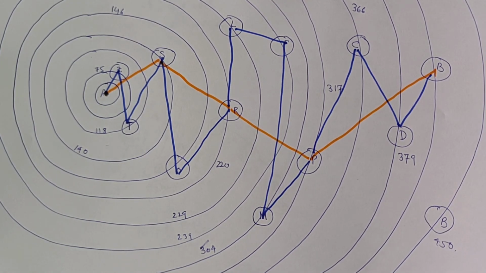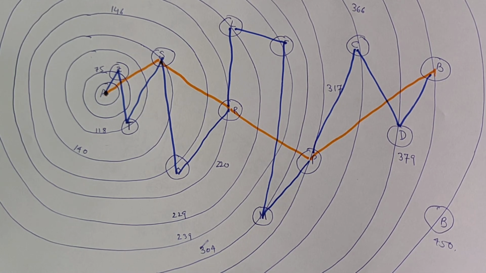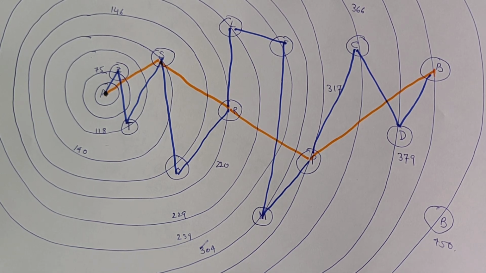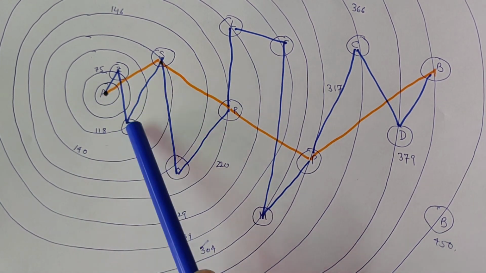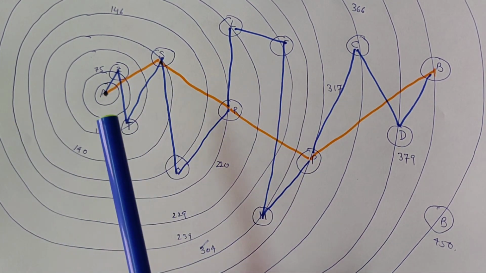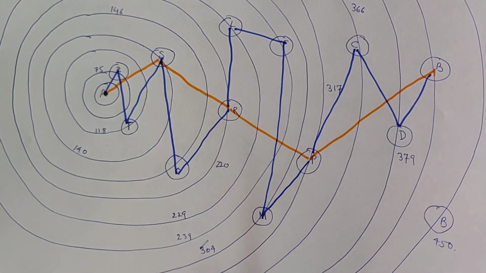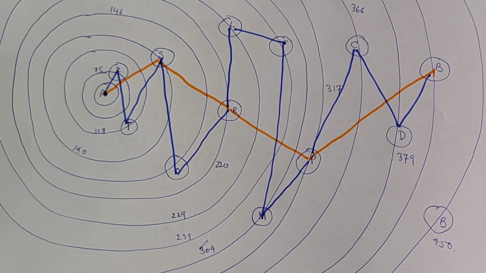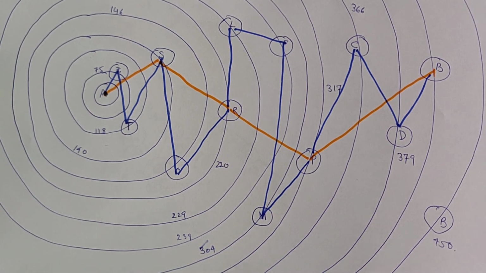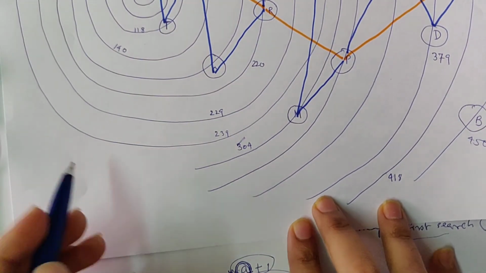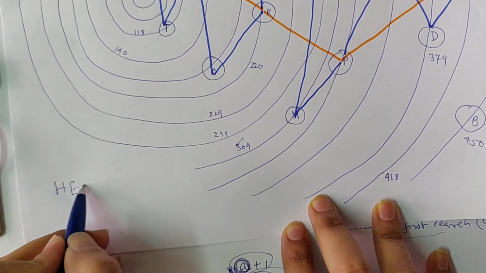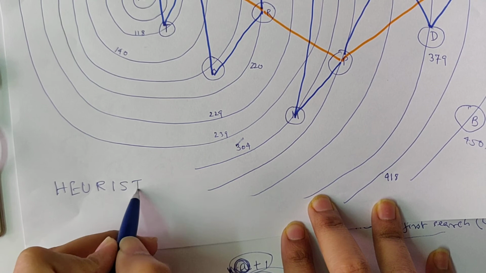Can we put some extra information within the search algorithm itself, which will help our algorithm to know that out of the three possible nodes which it can open, Z, S and T, S is more promising than Z and T? This type of extra information that we can add is called heuristics.